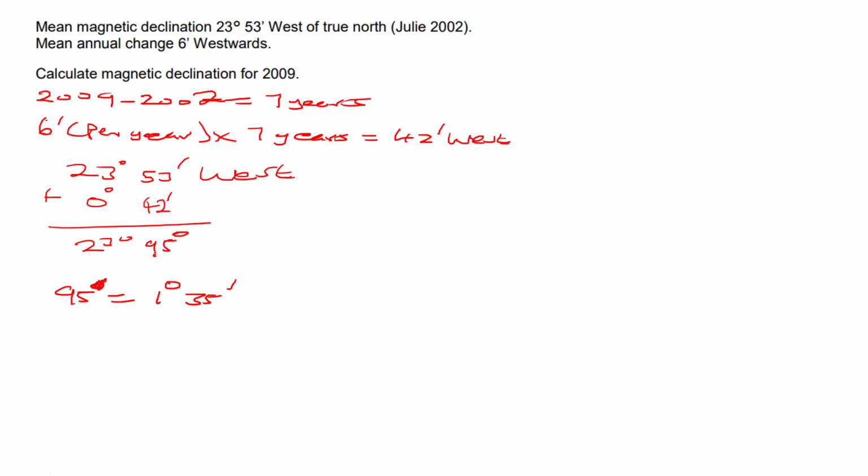Now you have 23 degrees plus 1 degree, because 95 minutes can be written as 1 degree 35 minutes. So 1 degree plus 23 degrees is 24 degrees, and we remain with 35 minutes.